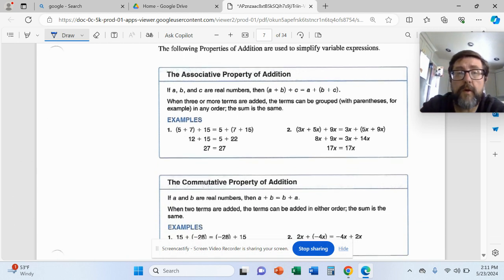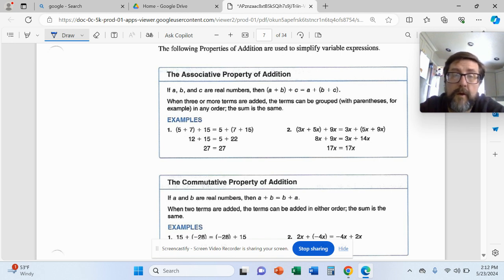The associative property of addition. If a, b, and c are real numbers, then a plus b plus c equals a plus b plus c, with different grouping. When 3 or more terms are added, the terms can be grouped with parentheses in any order, and the sum is the same.